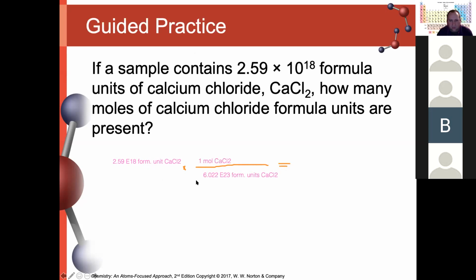And so we can see that my formula units cancel out. I'm left with just moles. I bring out my calculator, 2.59 times 10 to the 18th divided by 6.022 times 10 to the 23rd. And I get 4.30 times 10 to the negative sixth.